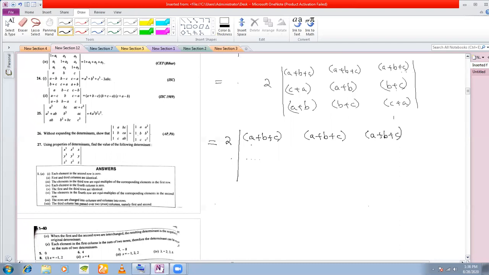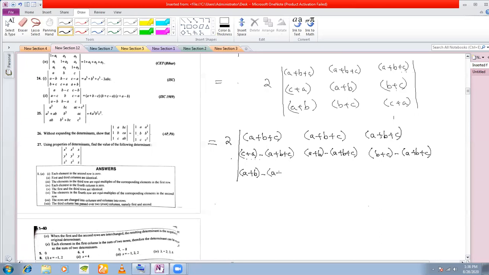Okay. So now what we'll do here is that we'll subtract the first row from the second row, b plus c minus a plus b plus c. Also, we'll subtract that first row from the third row.